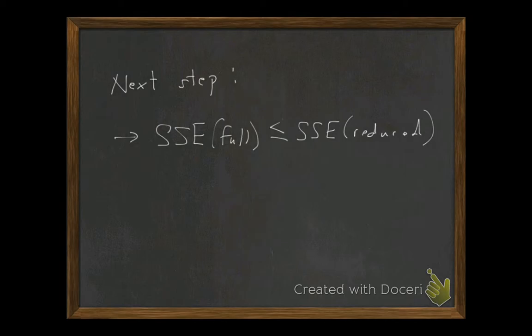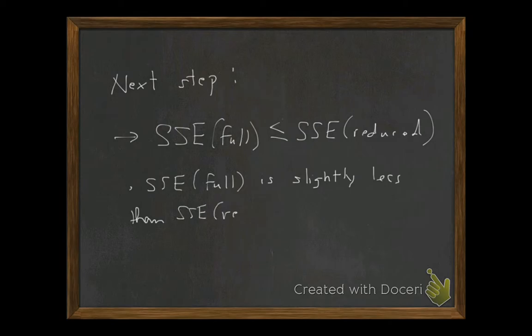Now, let's just say the error sum of squares for the full model is, I hate these words, but I don't really know how else to put it, slightly less than. That is very vague, but let's just say we know what that means.